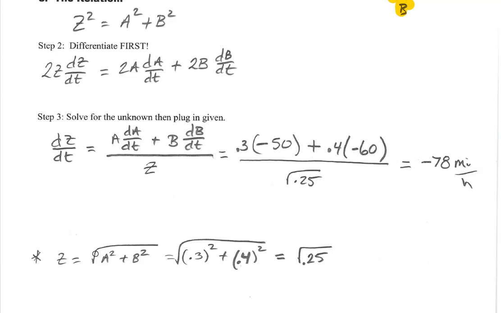So z is equal to the square root of a squared plus b squared. So I plugged in a, which is 0.3, I plugged in b, which is 0.4, and that became 0.25, take its square root.